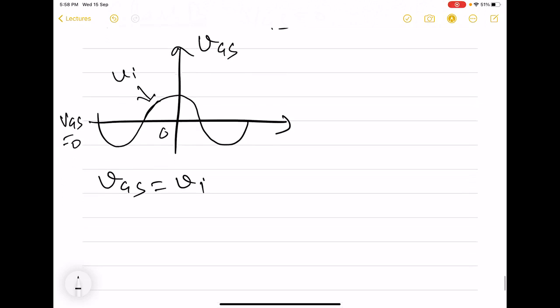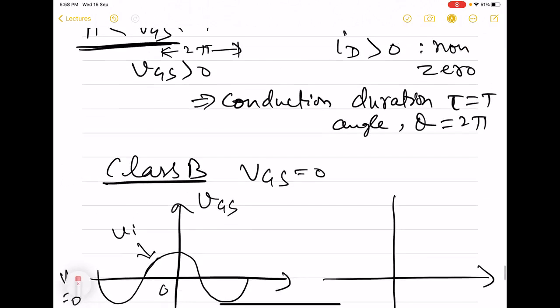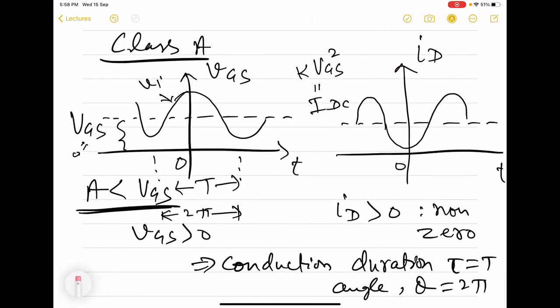So in this case, we can see that VGS is greater than 0 for tau is equal to T by 2. That means if you see the drain current, then drain current is still going to be 0 for this portion. Sorry, I made a mistake. This current waveform will be in phase with the input.